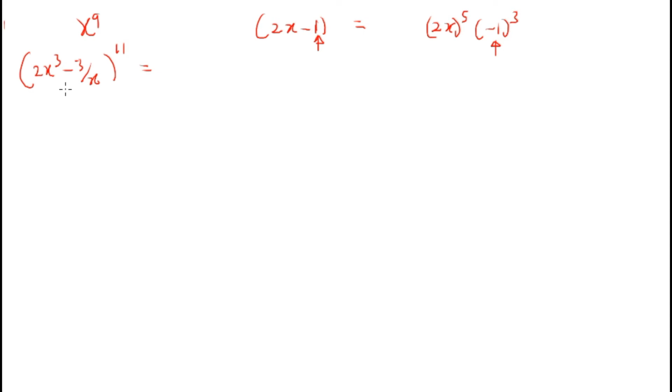There are two ways to do it. In your textbook, you should have something of this nature. You should track it this way. Then 11 combination r. We do not know the r yet. The r is the point.